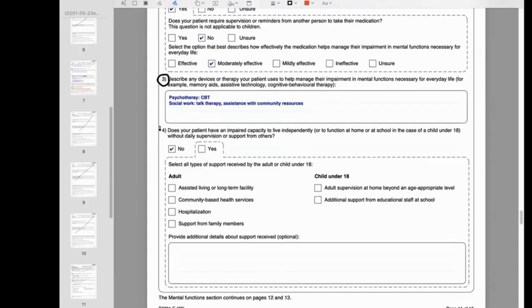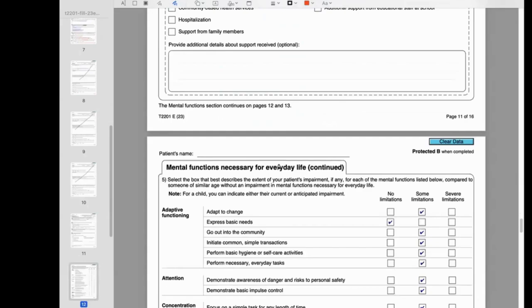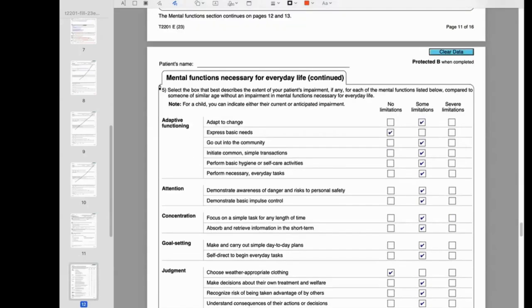They ask if the patient has an impaired capacity to live independently. Let's say yes or no, and with whom. And then this is a section where you do have to provide a lot of detail if you're ticking off that they have some or severe limitations. So again, this is using our best judgment. It's hard to weigh whether there's some limitations or severe limitations for some of these categories.